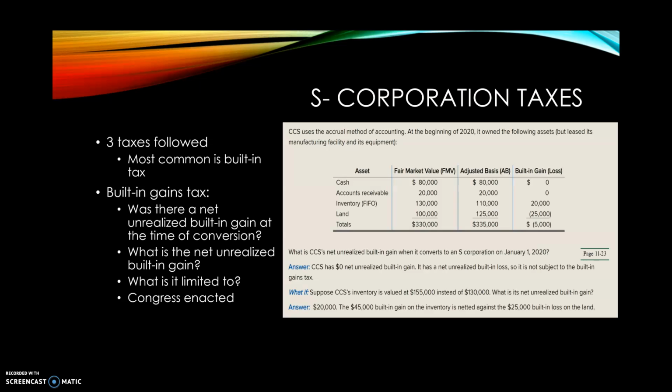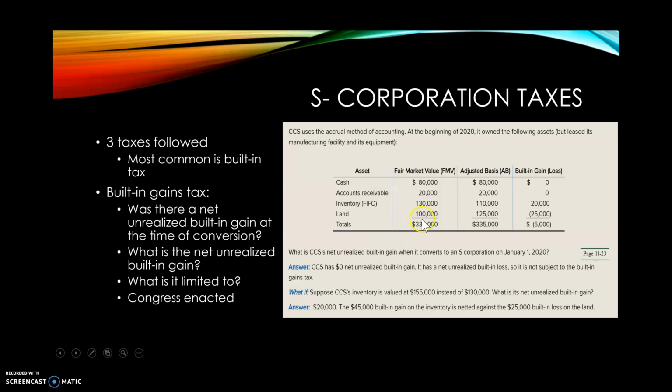So as you see in the example, this does a great job laying out the fair market value, the adjusted basis, and what the built-in gain or loss would be. Now, as mentioned here, to calculate it under the accrual method, this is how they have it set up. However, under the cash method, receivables would be gains and payables would be loss items.